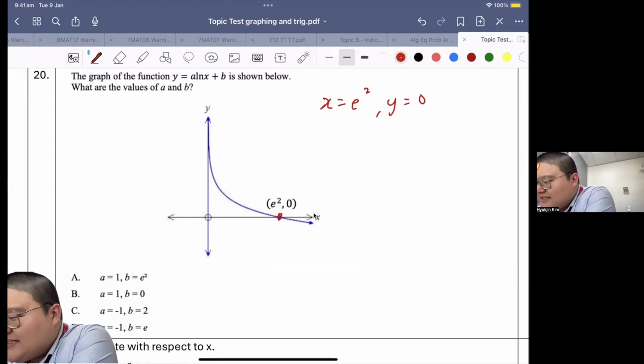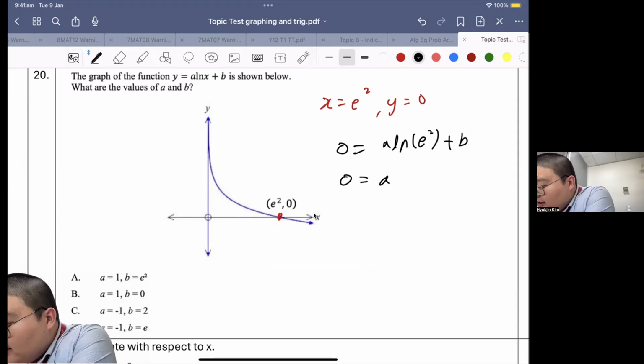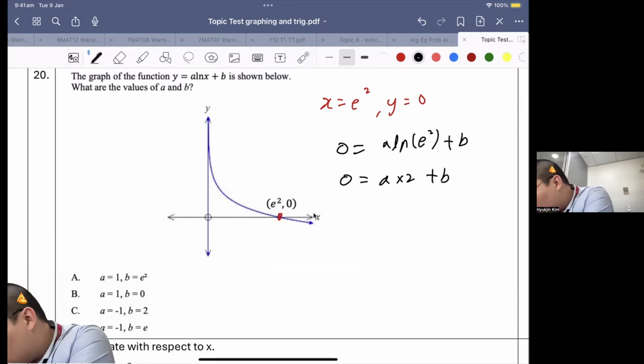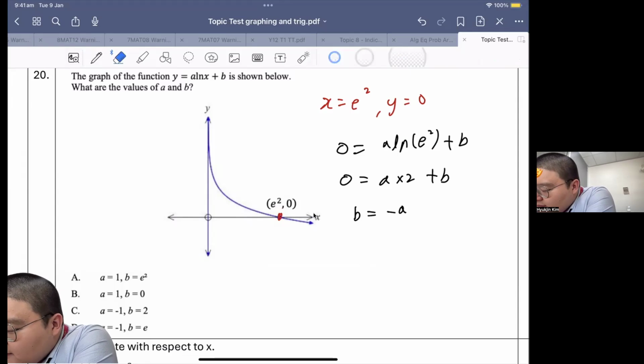So I'm just going to sub that in and see where it goes, okay? 0 equals a ln e squared plus b. If you guys remember, ln e squared is the same as 2, because ln e is 1, squared just comes outside. This means b equals negative 2a.